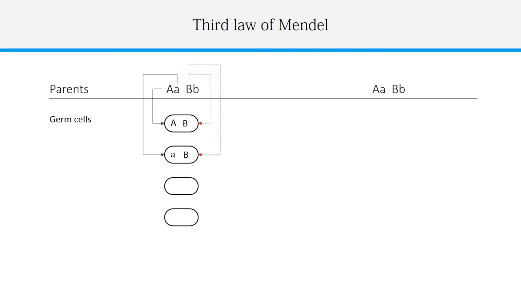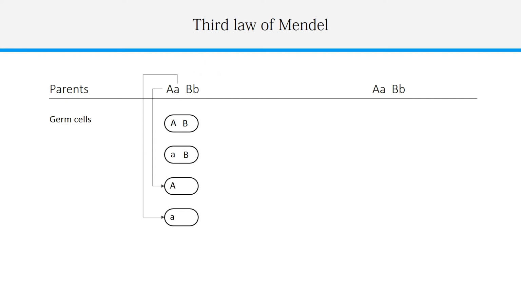So once again, transfer of dominant gene B into the germ cell occurs independently from the transfer of dominant gene A. And the same will be true for recessive gene b.